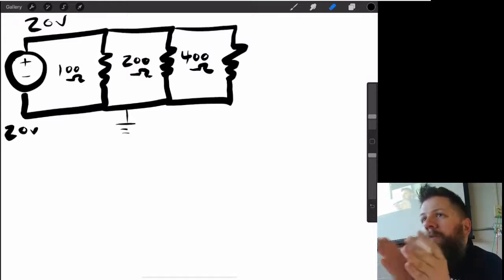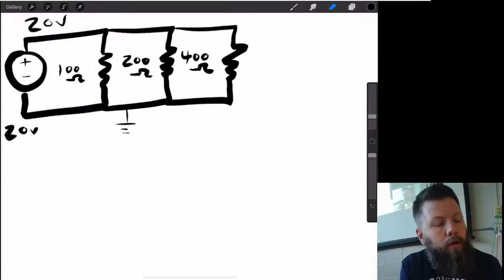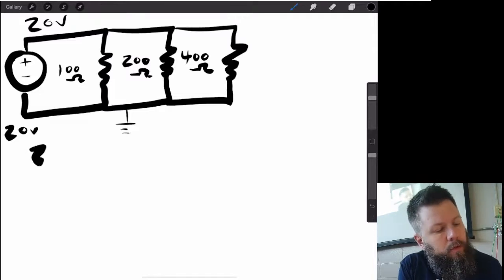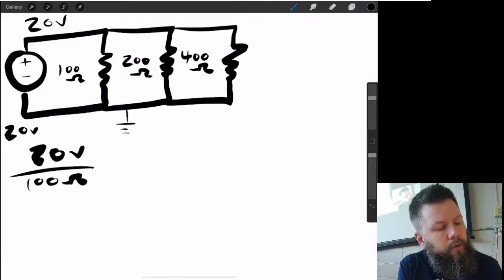Or we could add them up, right? Because if I've got 20 volts going through 100 ohms, what's my current going through that 100 ohm resistor?